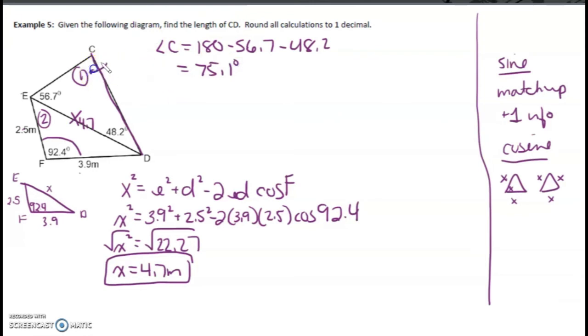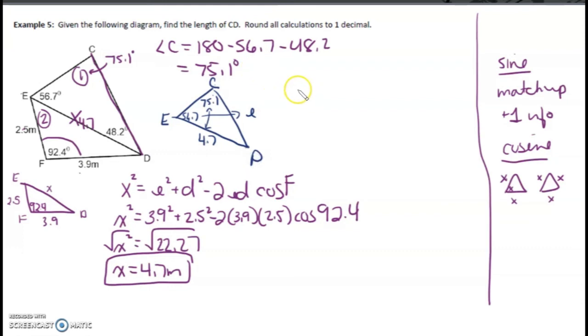So that's going to be in here, 75.1 degrees. Now if you want to redraw it, we have 75.1 and 4.7. Well, that's a matchup, we have C and C. And what we're trying to find is CD, which is side E.